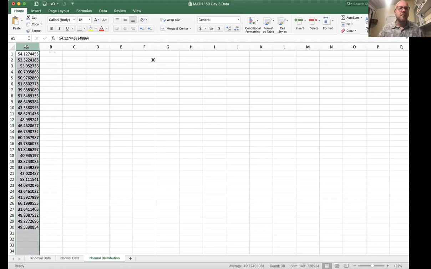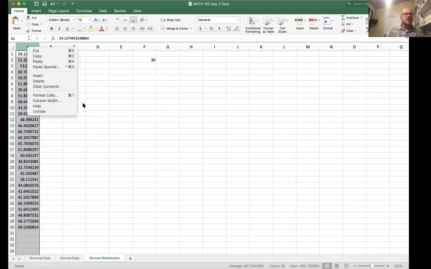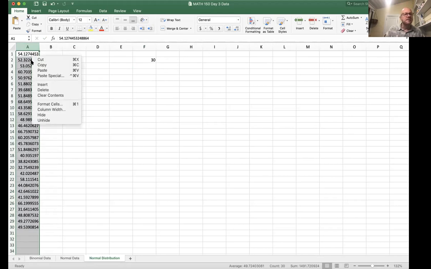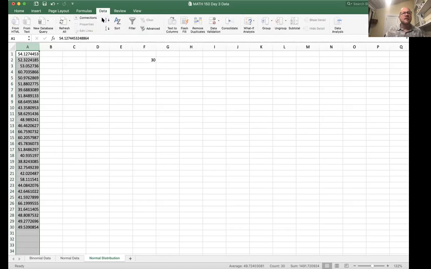So for the thing I need to do, I am going to need to take those numbers and sort them. Sort did not come up as an option there. So I'm going to hit escape and I'm going to have to go to where it says data in the menu and choose sort.